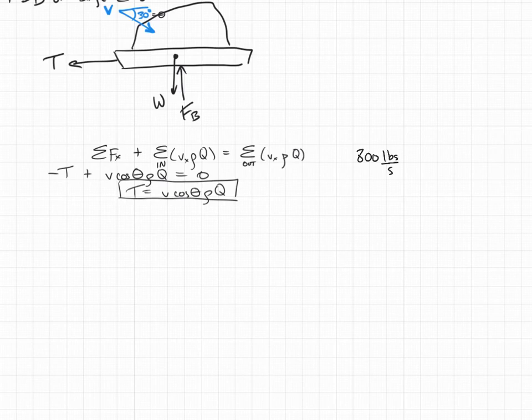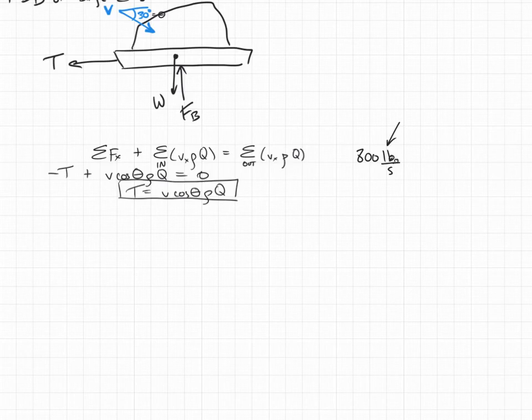So this is clearly a rate, right? It could be a Q maybe, except for the fact that Q is volume per time. This is pounds per second. So it sounds like a force per second, except it's not a force per second, right? Because it's not applying this 800 pounds per second. This is one of the few times that, at least in my class, you will end up with something that is a pound mass.